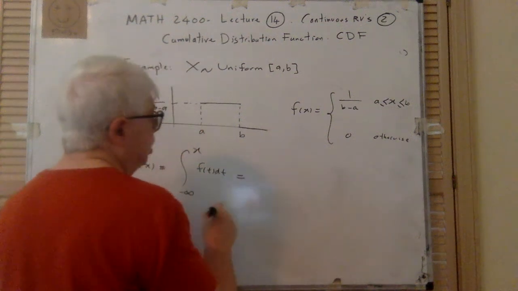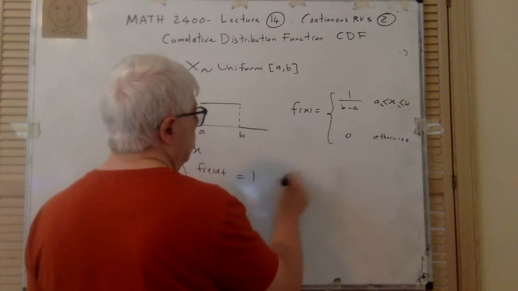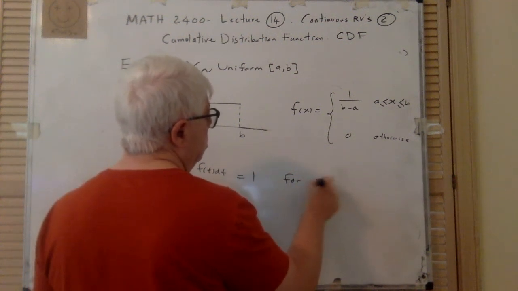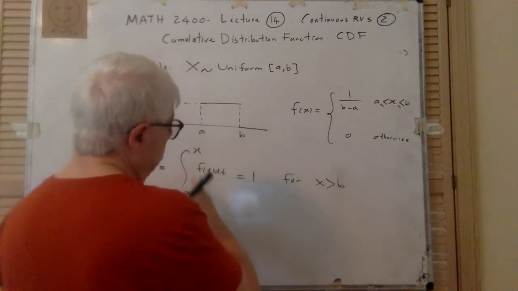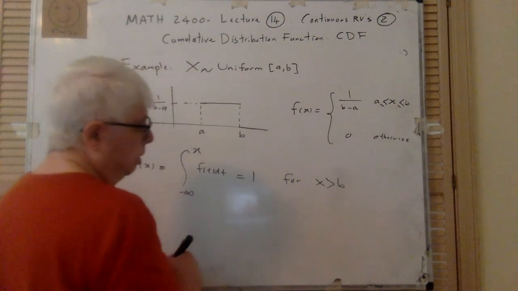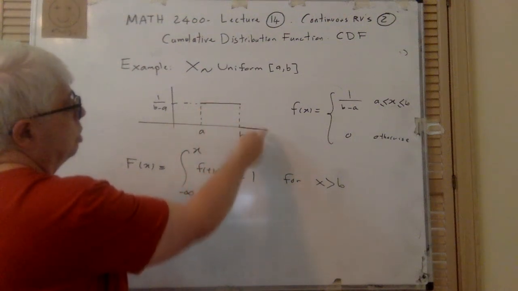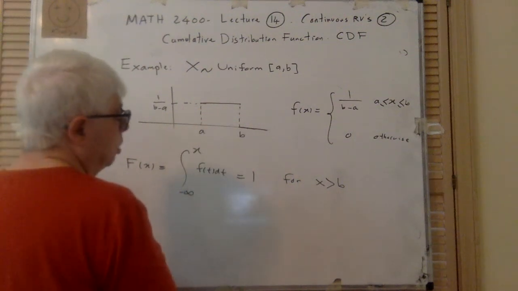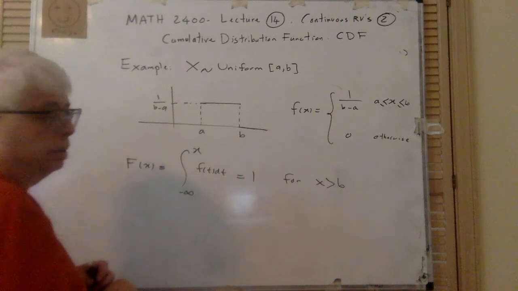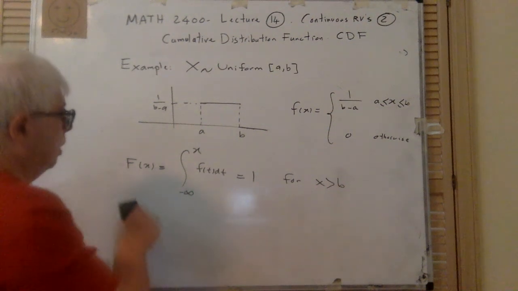Well, it will be 1 for x bigger than b, right? So for x bigger than b, what is it? It's the area under this, the area under this plus the rest is 0. So I will get 1. So I can say that this is in fact something like this.